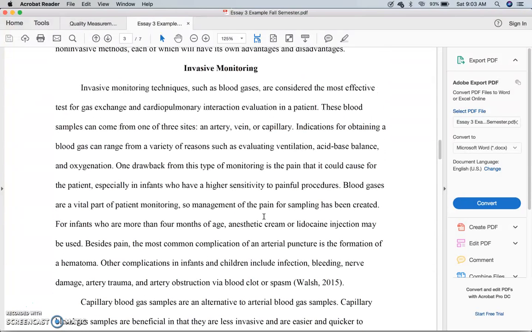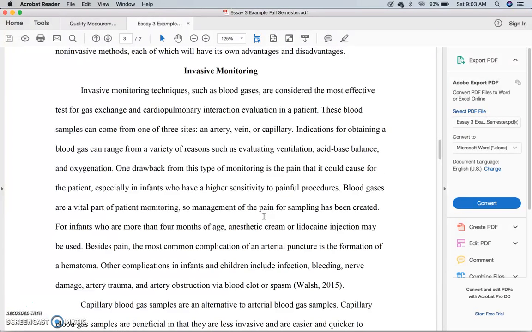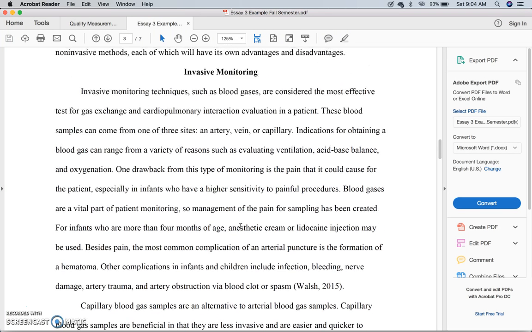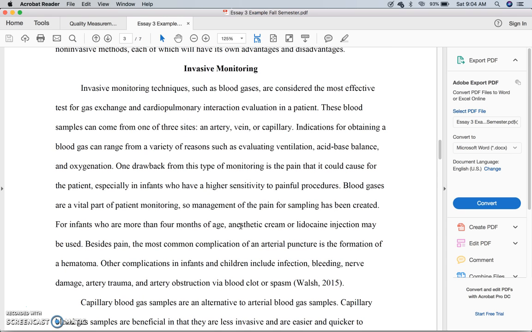So these are my expectations. When I say APA format, this is what I mean. For all papers, even your final project, I believe there are 3 more papers to do: 2 major ones, and 1 very minor, a reflection paper at the end. This is how I'd like it set up. Your level headings are going to help me as your reader, or any reader, and it helps your paper flow.